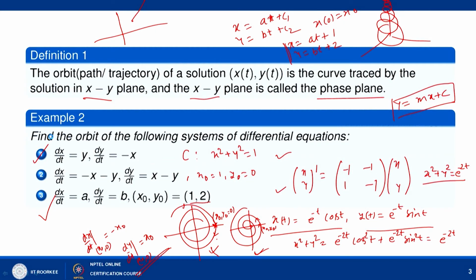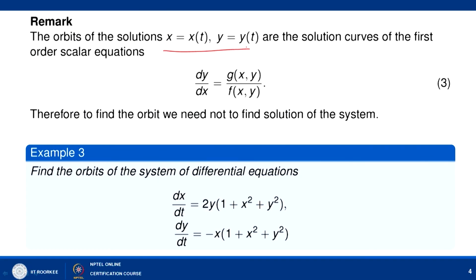Now, in all these problems we were able to find the orbit by solving the system first and then removing the parameter t. Now, one very important benefit of considering the orbit is that we can find the orbit of the solution x equals x(t) and y equals y(t) without solving the system of differential equations.